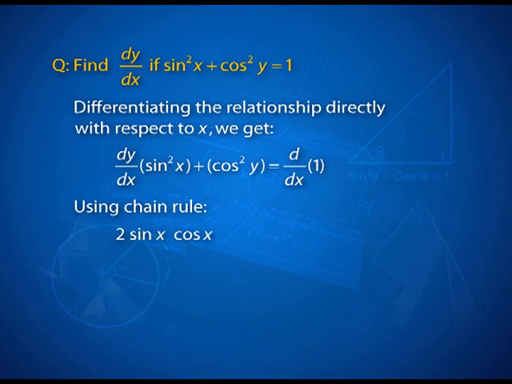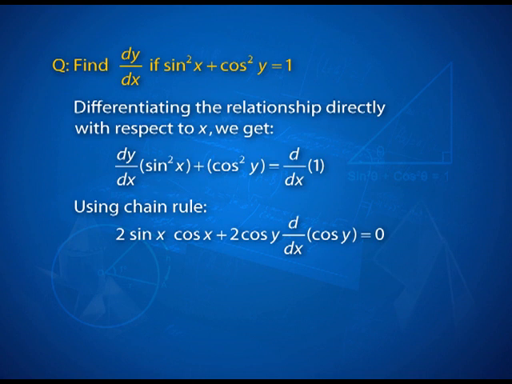Again, it is a composition. Outermost function is the square function, then cosine function, and then another function, that is y, which is a function of x. Therefore, applying the chain rule, I get the derivative as 2 cos y into the derivative of cos y, and the right hand side of course is 0, because derivative of a constant is always 0.